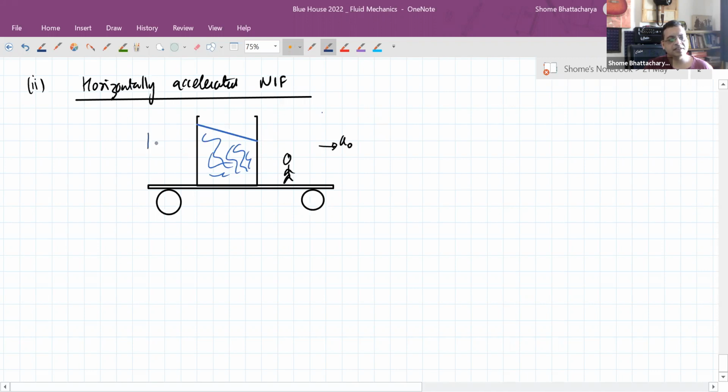So if I'm taking this as x and y axis, you will see that because there's pseudo force towards the negative x axis, there's also pressure increasing along the negative x axis. So here mg acts downwards. So that creates a vertical pressure gradient of minus rho g. But also pseudo force acts like this.